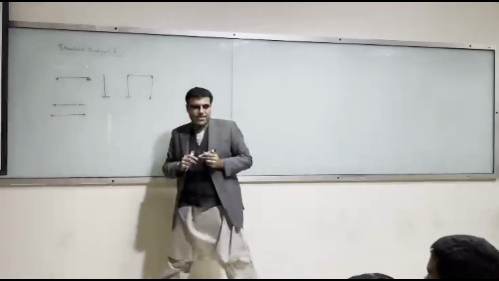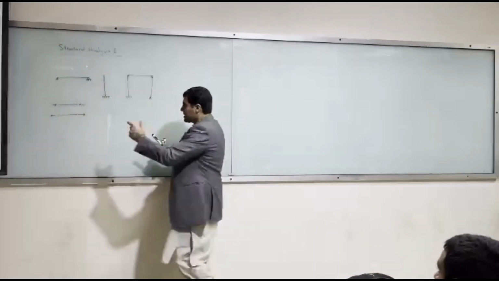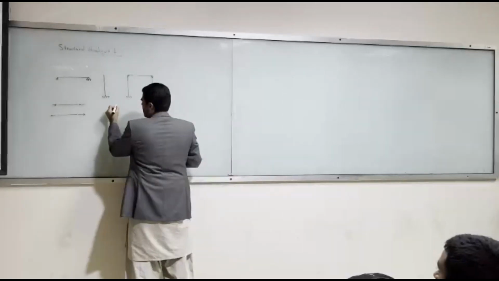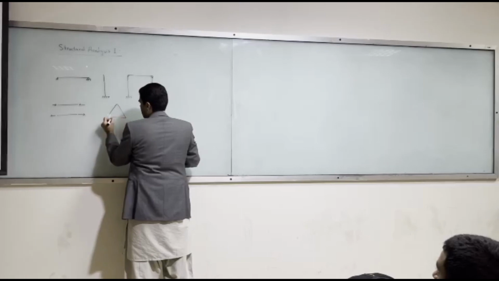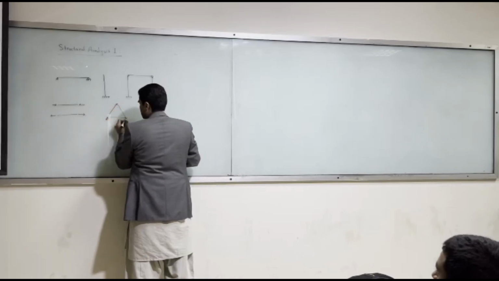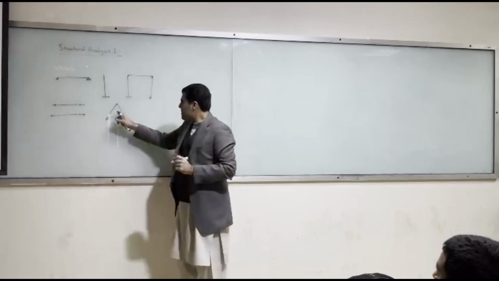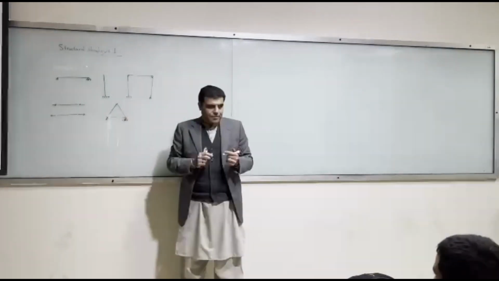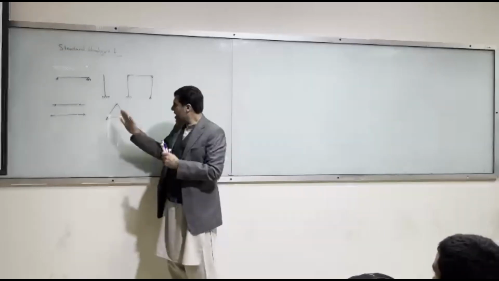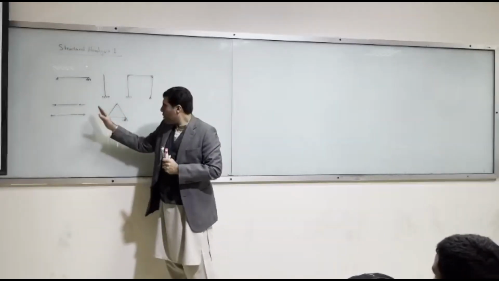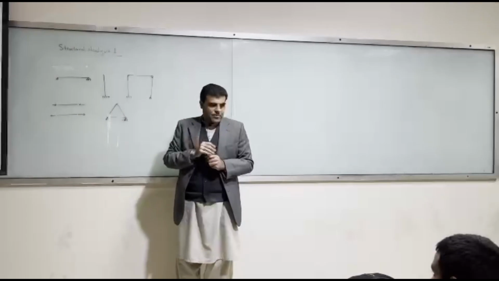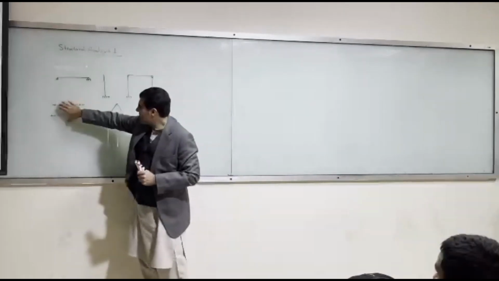This is another structure. If you assemble them, you get a truss. So a truss has only axially loaded members. What is the difference between these two structures?